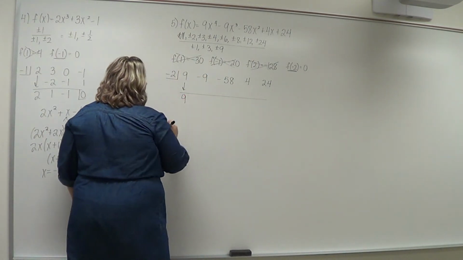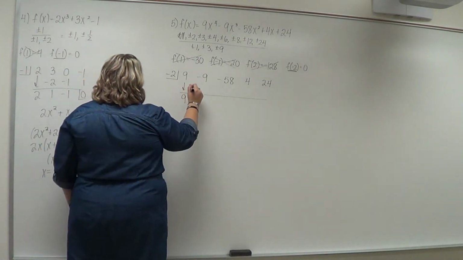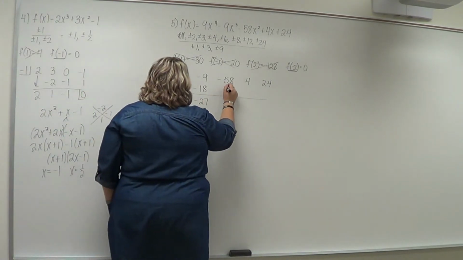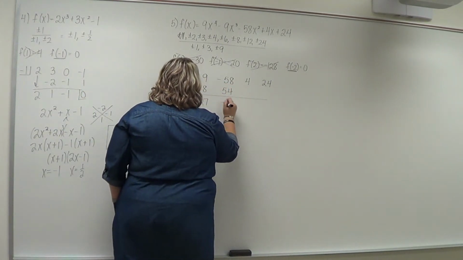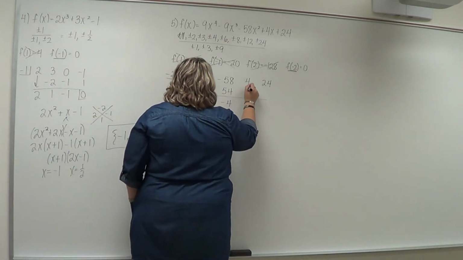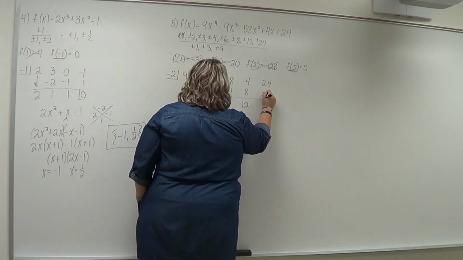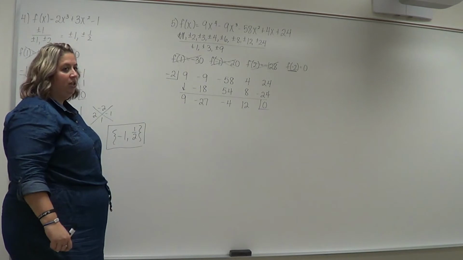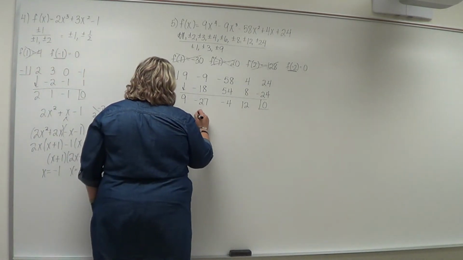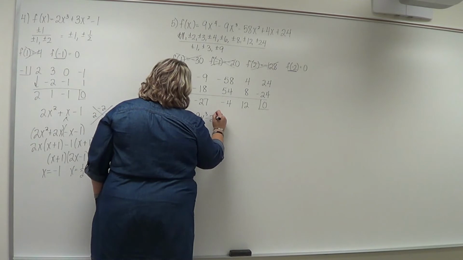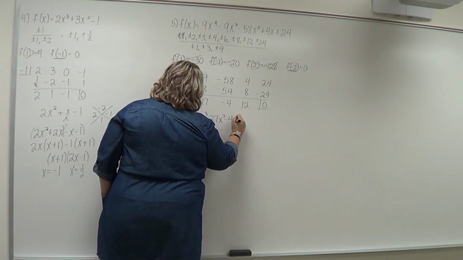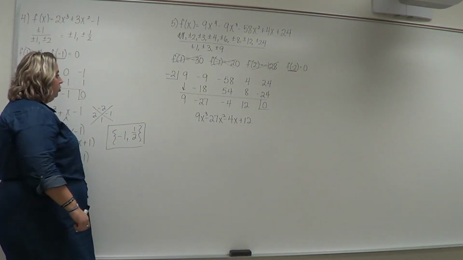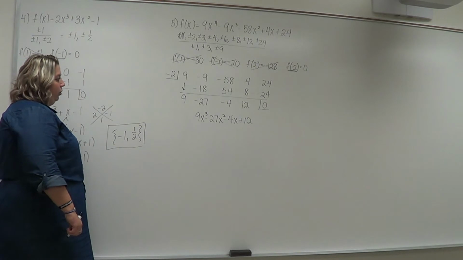Bring down the first number, multiply, negative 18, add down as negative 27, multiply, get 54, add down as negative 4, multiply, get 8, add down as 12, multiply, get negative 24, add down and get 0. Okay, so I was at x to the 4th, so I divided once, and now I'm going to be at x cubed. So I have 9x cubed minus 27x squared minus 4x plus 12.